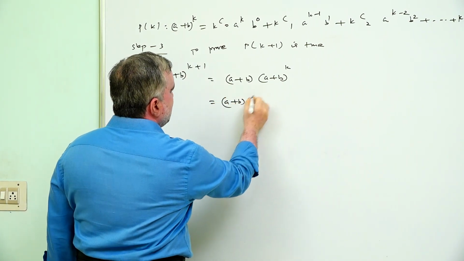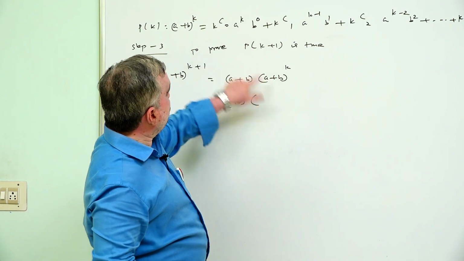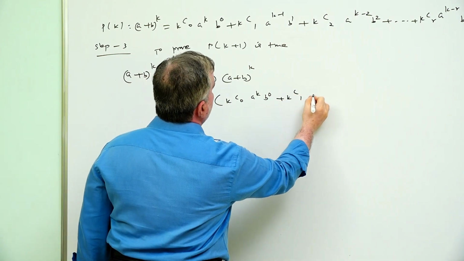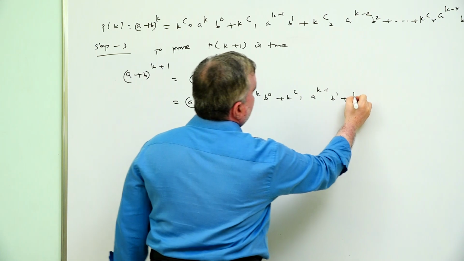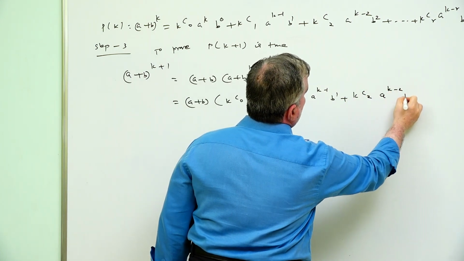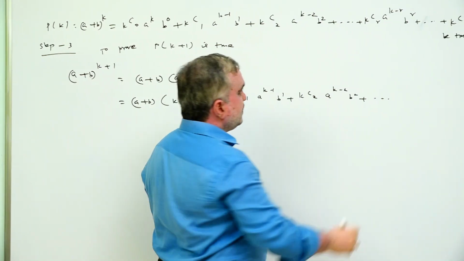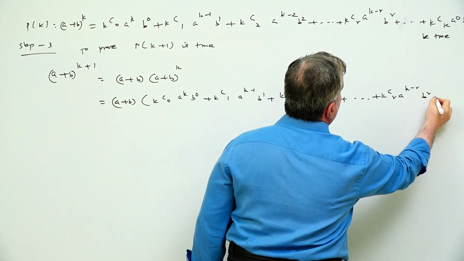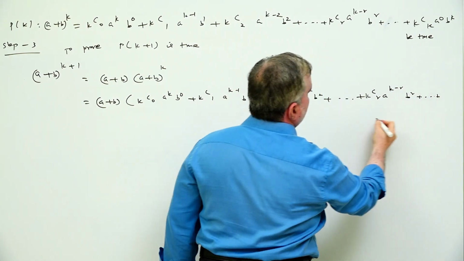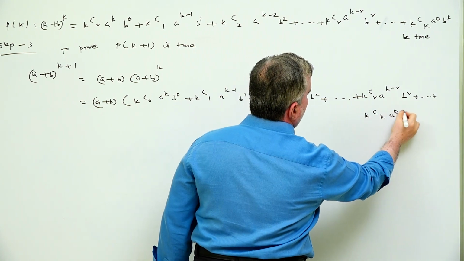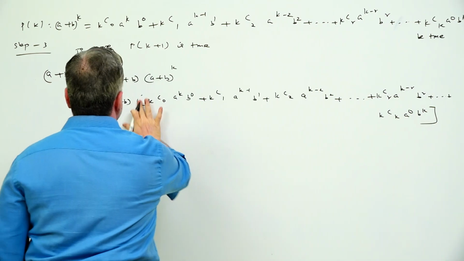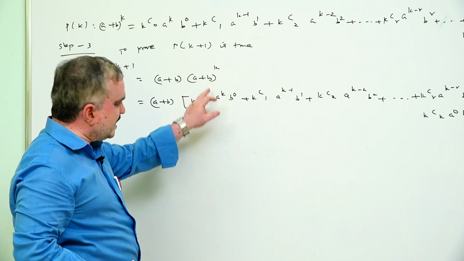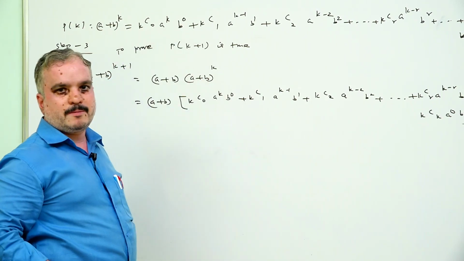So (a + b), you know the value of (a + b)^k, you take it: kC0 a^k b^0 + kC1 a^(k-1) b^1 + kC2 a^(k-2) b^2 + etc. + kCr a^(k-r) b^r + ... + kCk a^0 b^k. We just take (a + b) into (a + b)^k, the value from the above step.